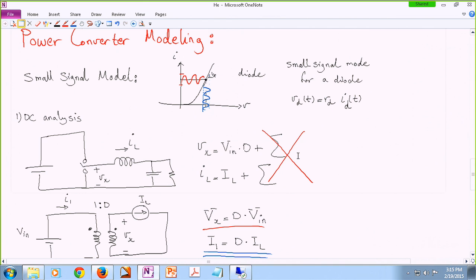It depends on the system. Sometimes you have a major AC component that you cannot neglect, for instance, in a PFC application. But here you kind of say these harmonics are representing the ripple, or the small signal variation in the system. Or you can argue that no, they are not.